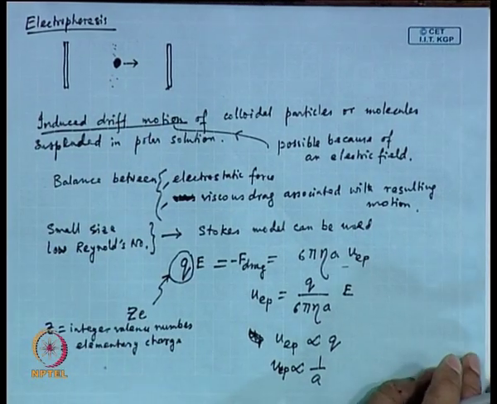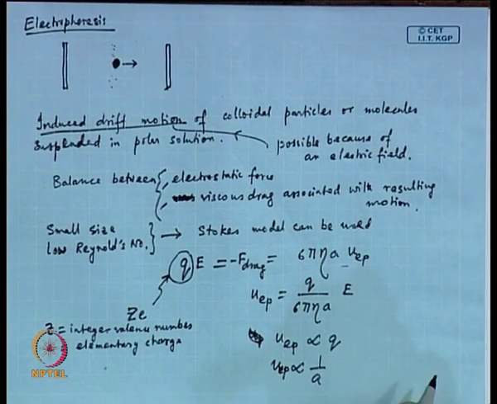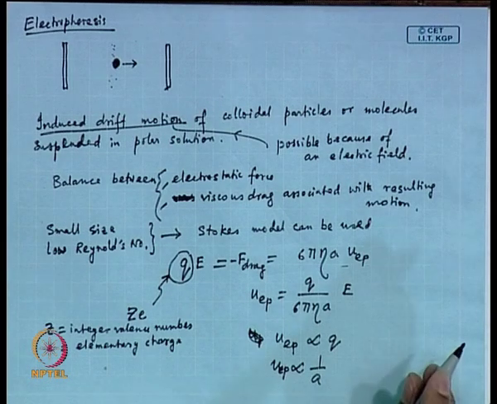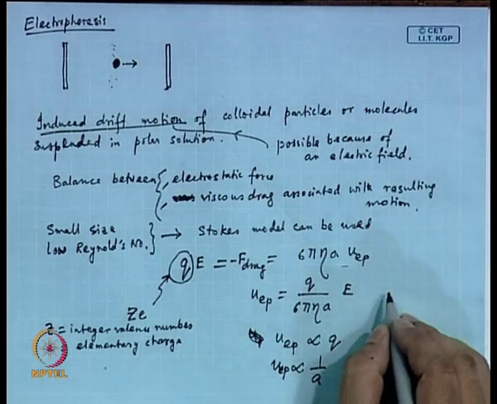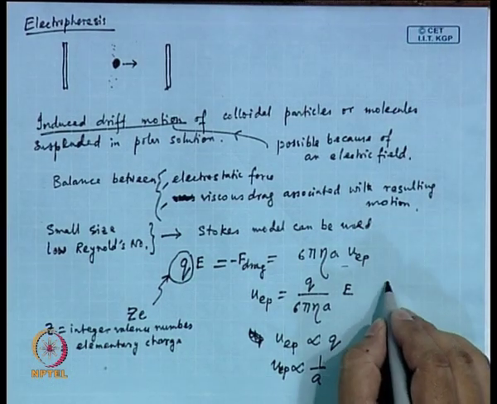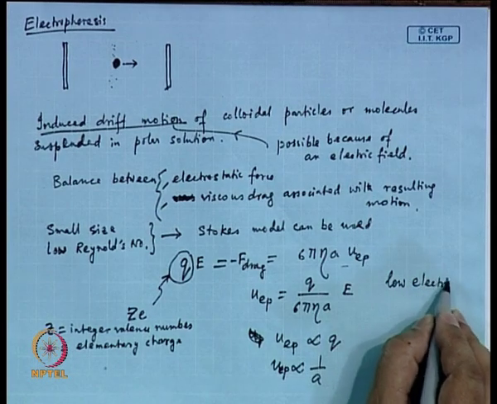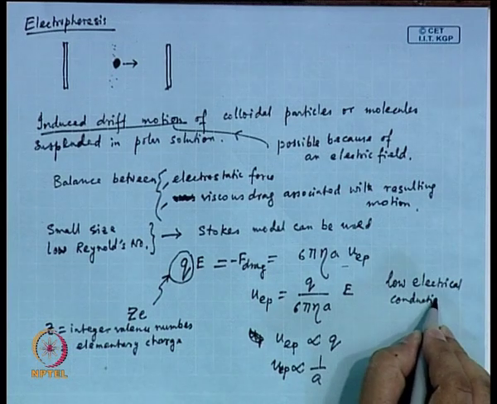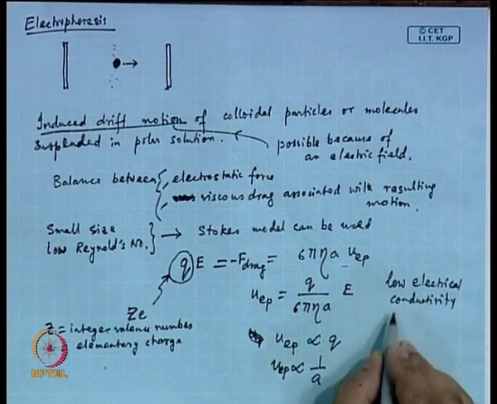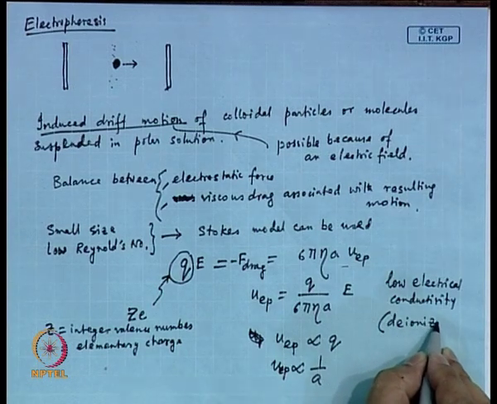Now, this liquid should be of low electrical conductivity; that is one criterion we have here. A good example of low electrical conductivity would be deionized water.